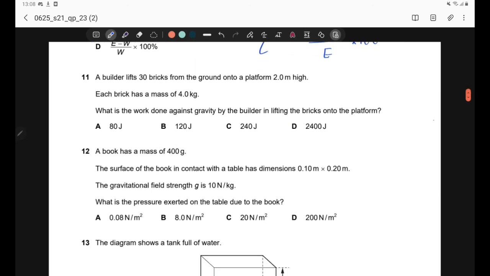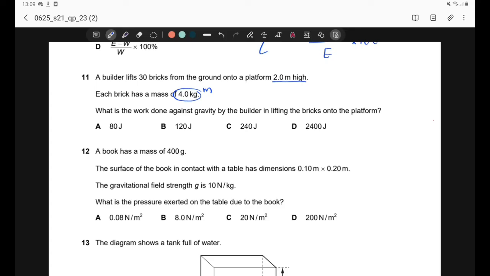Question number 11. A builder lifts 30 bricks from the ground onto a platform 2 meter height. Each brick has a mass of 4 kg. What is the work done against gravity by the builder in lifting the bricks onto the platform?